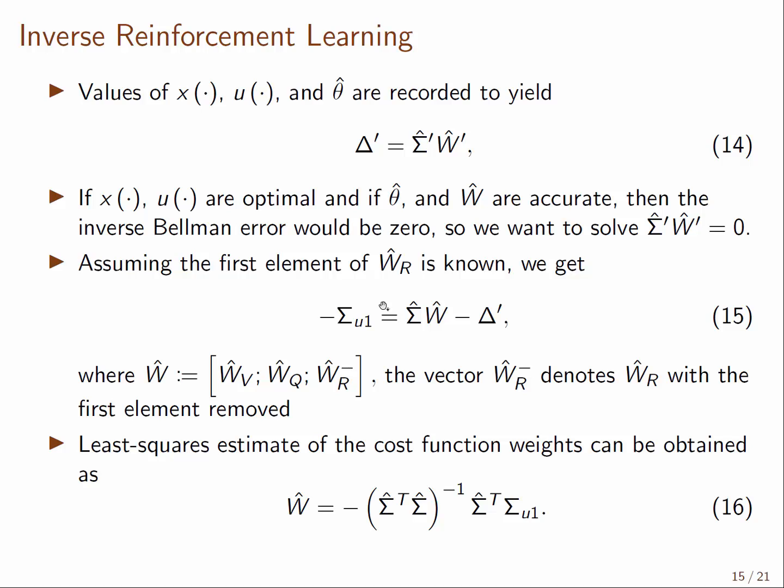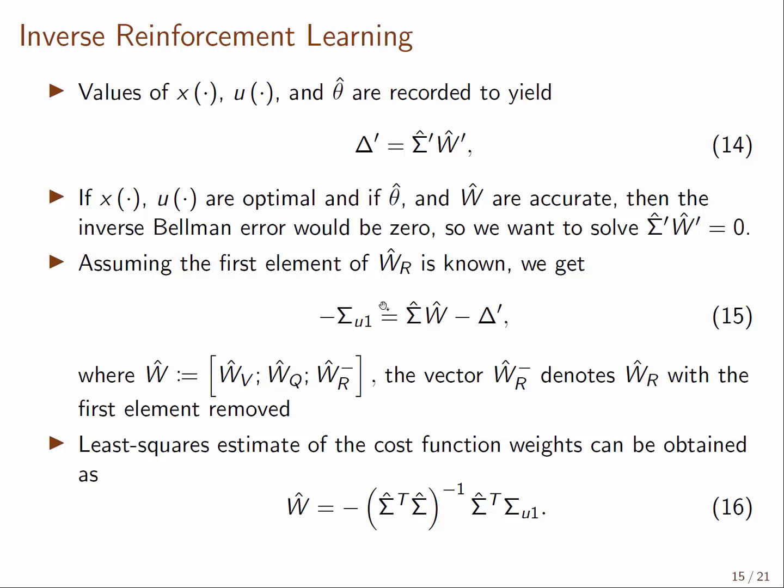Now you'll immediately see that that is a linear homogeneous system that has multiple solutions. Any multiple of a solution is also a solution. So there is an inherent ambiguity in the way this problem is formulated. To get around that ambiguity, in this paper, we're going to assume that the first diagonal element of this matrix R in the cost function is known, and we're typically going to assume that it's just 1.